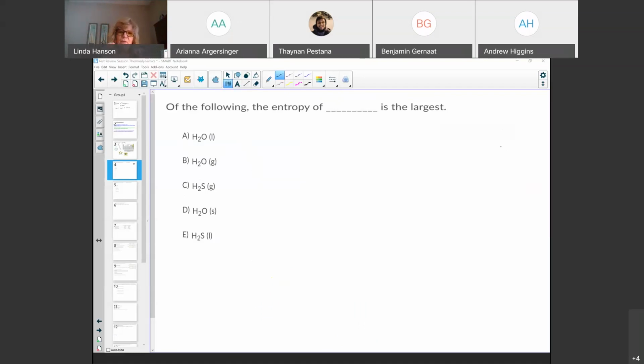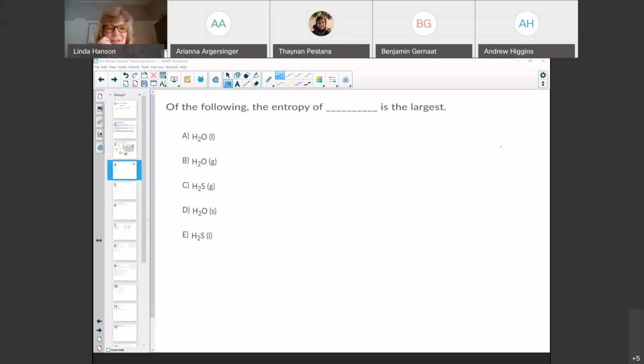Well, a good first step might be eliminating some choices just based on their phase of matter. Which phase of matter has the highest entropy? Gas has the highest entropy?